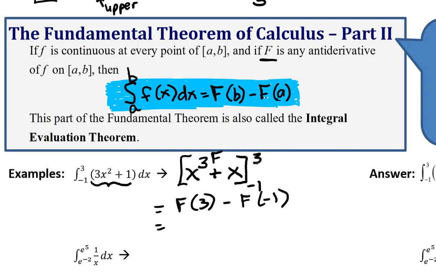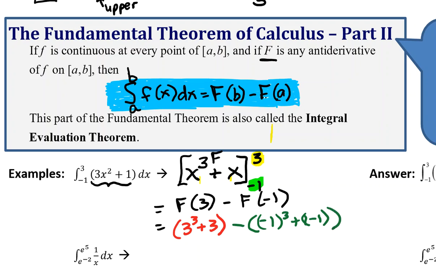So we're simply going to take our upper limit 3 and put it into these 2 values. So when we put our value of 3 in here, and in the future you won't show this step, you'll have our 3 to the third plus 3. And then we're going to evaluate at this lower limit of -1. So we subtract and we put -1 into our function.